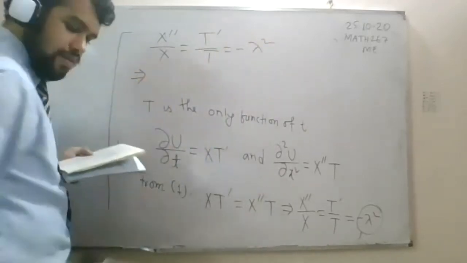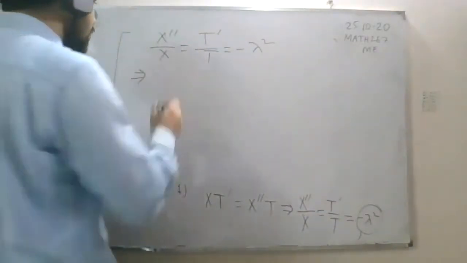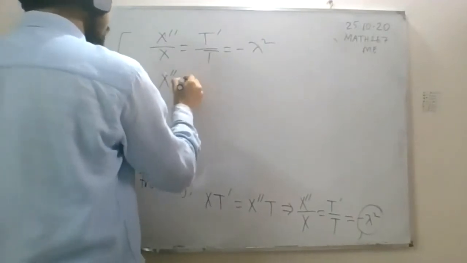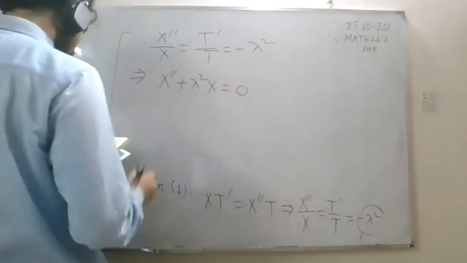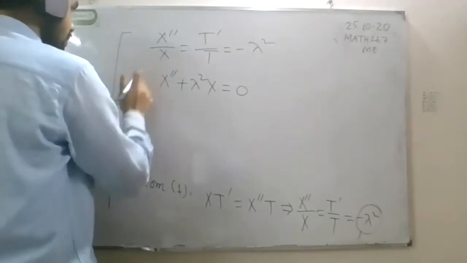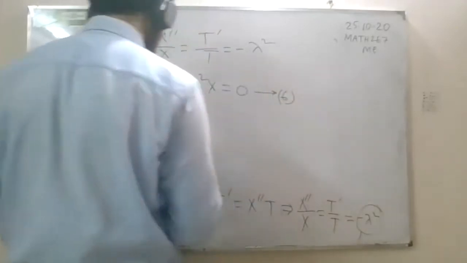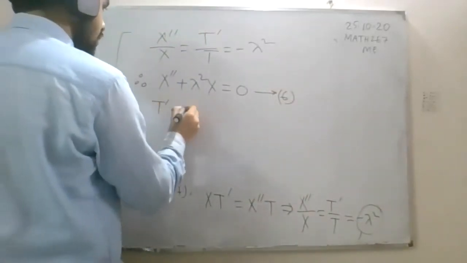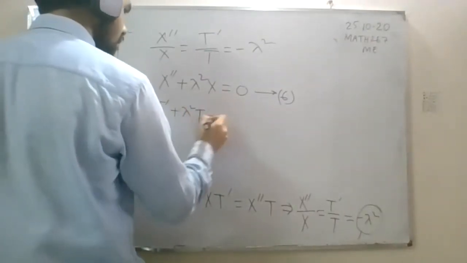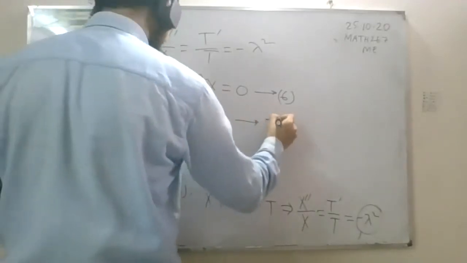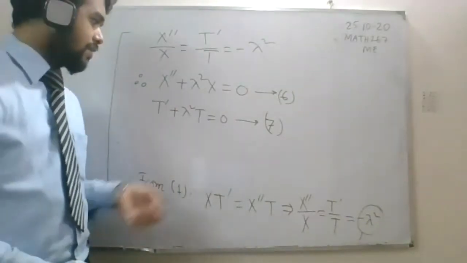Now from here you can write equation 6 and T prime plus lambda square T equals 0, this is equation 7.